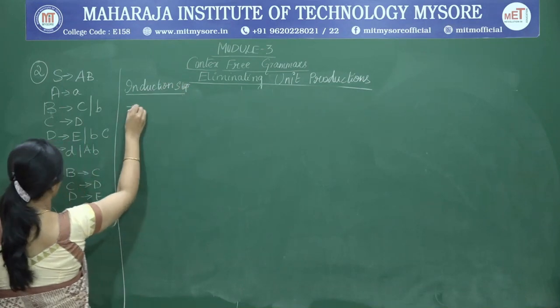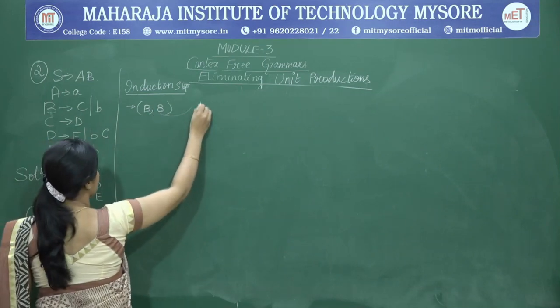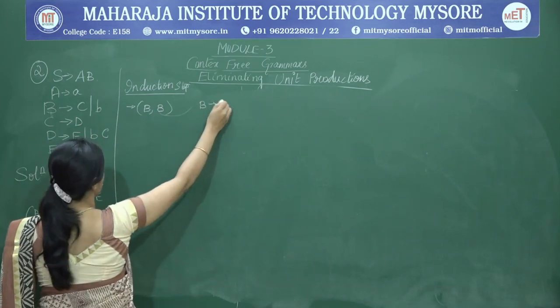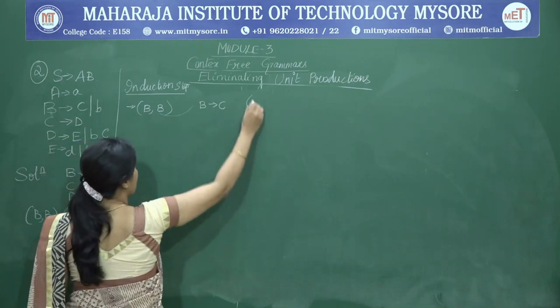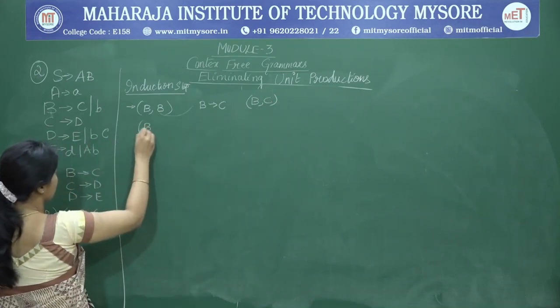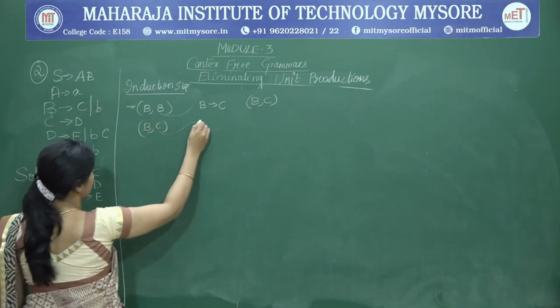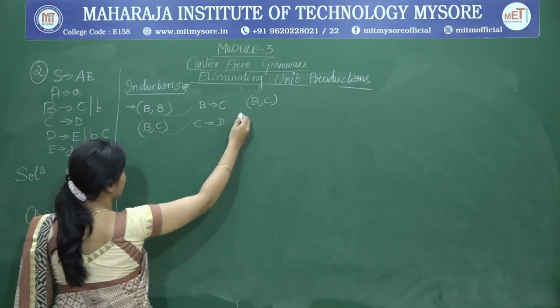We will consider the first pair, B comma B, and see if this B goes to any other unit production. B goes to C. Therefore, B comma C is also a unit pair. Consider B comma C. Check if C goes to a unit production. C goes to D is there.